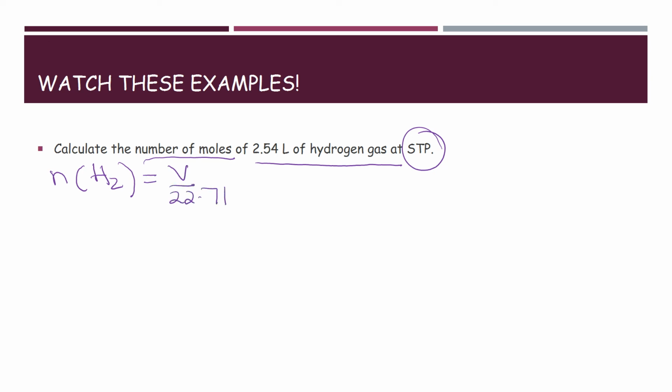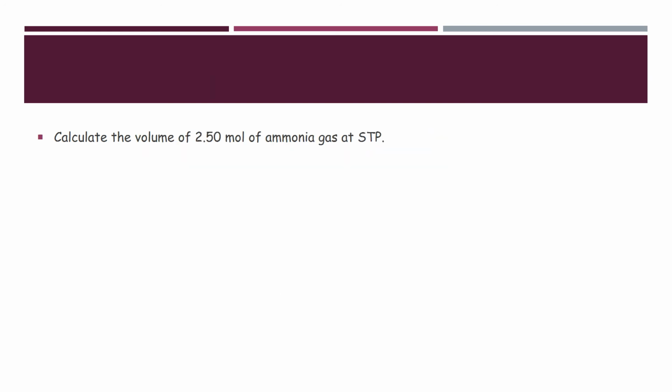Now I substitute my values. I've got 2.54 litres over 22.71. Stick these values into my calculator and I find I've got 0.112 moles. Remember to check significant figures. There are 3 significant figures in each.